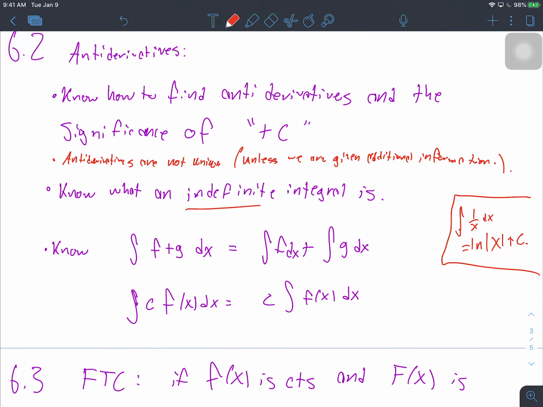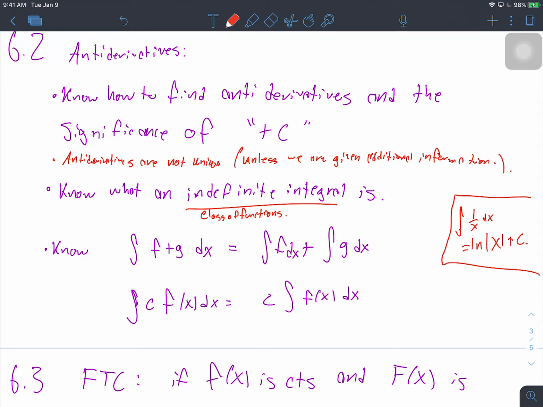Okay, you should know the definition of an indefinite integral. In particular, you should really know what the difference is between an indefinite integral and a definite integral. The indefinite integral of a function is the general antiderivative plus c. The indefinite integral gives us a class of functions. It's the set of all functions which are antiderivatives of the integrand.